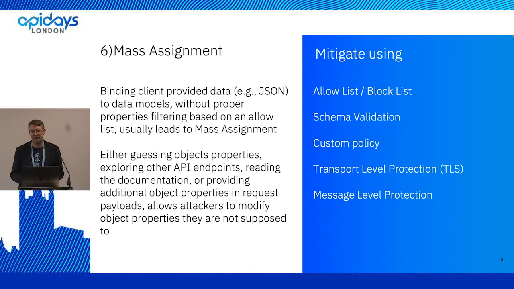So API Connect again has got the allow list and block list that we talked about before, and schema validation. A lot of the mitigations you can do here are similar, which is why I thought they were one and the same.